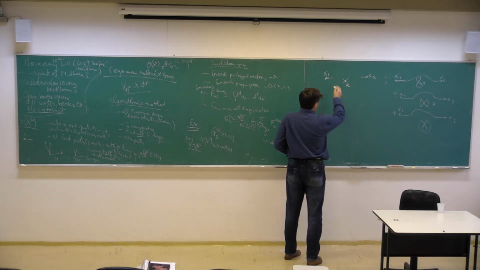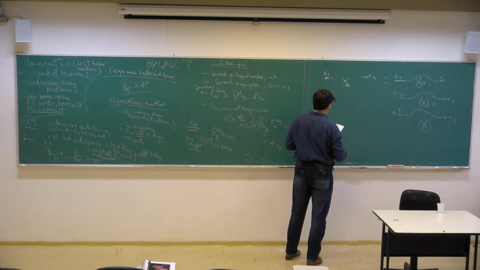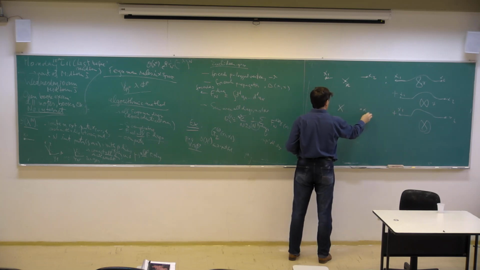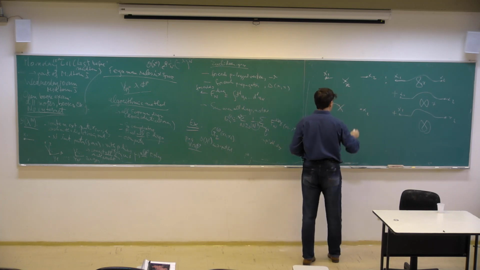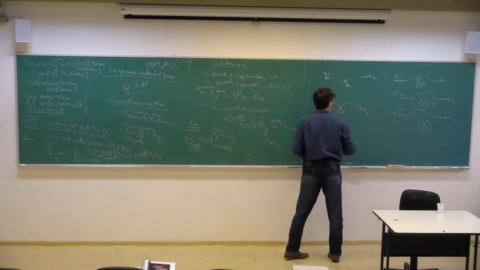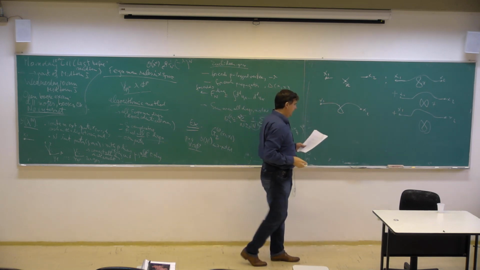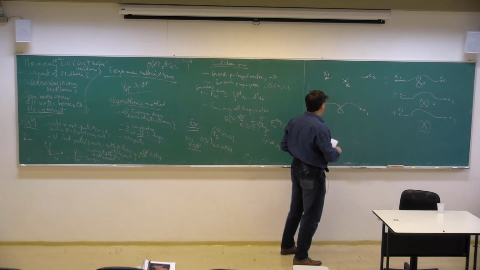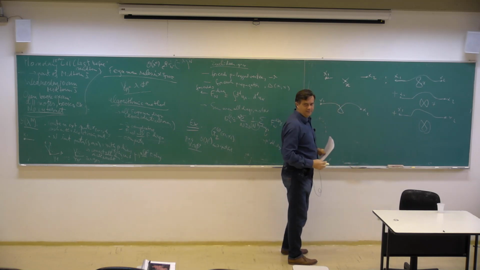But then I have, of course, also the possibility of connecting x1 with one of these, and then x2 also with one of these. This is one possibility. Here I wrote explicitly these 3, but there are many more diagrams.